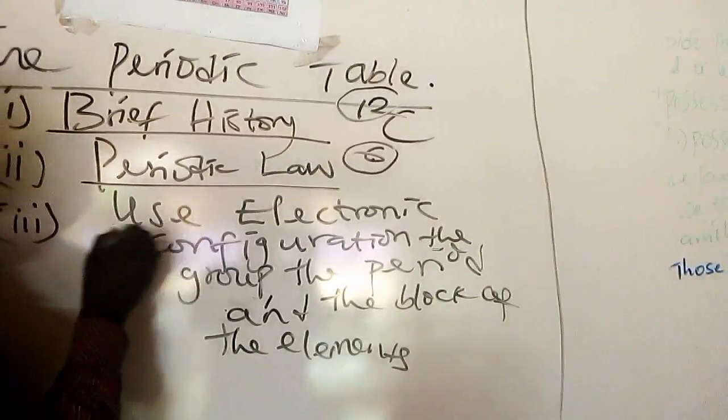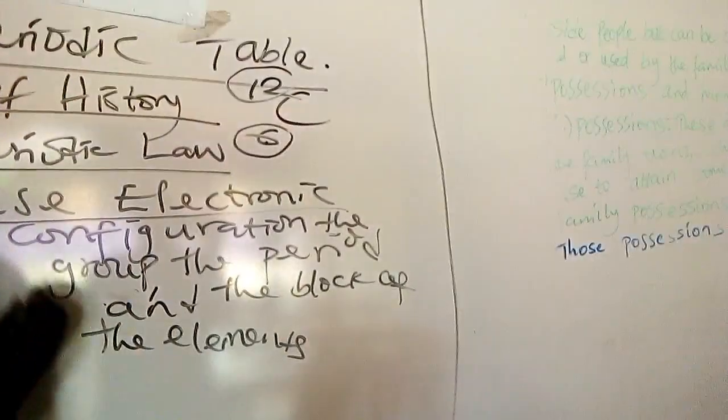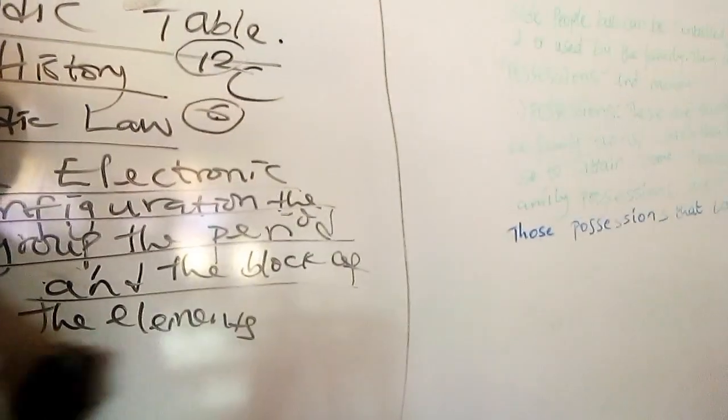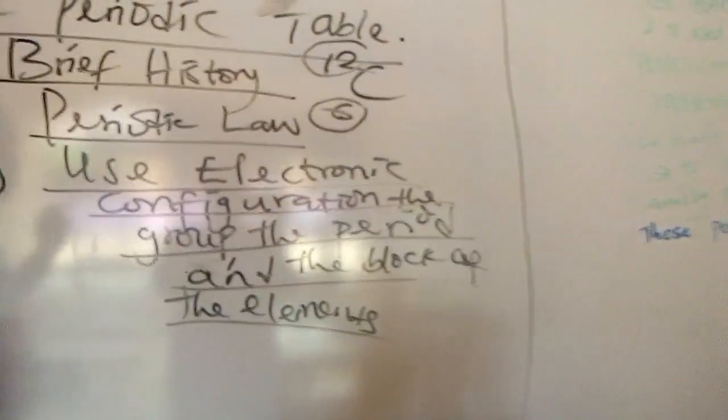Lastly, we'll be looking at how we can use the electronic configuration to predict the group, the period, and the block of the elements.